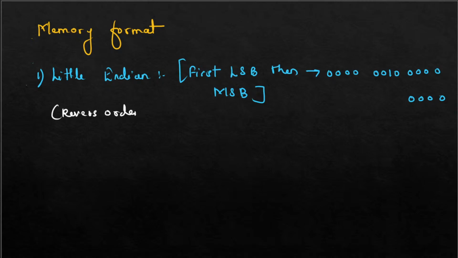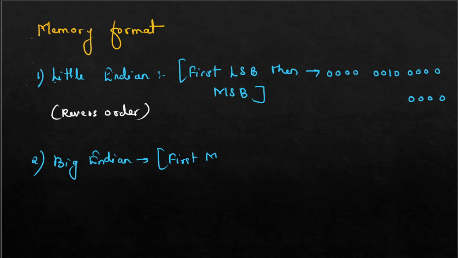Then reverse order. And the second is big Endian. First most significant bit, then least significant bit, which is last. So this is 0 0 0 0 0 0 0 0 0 0 1 0, like this.